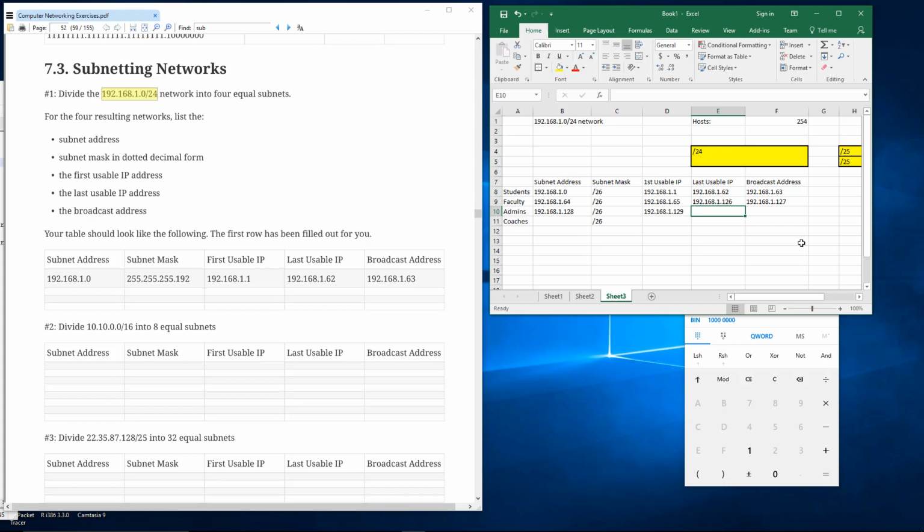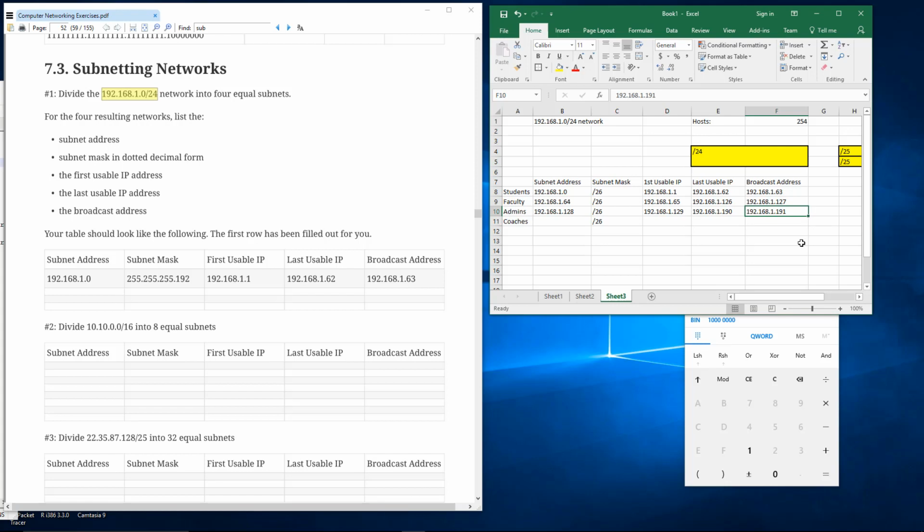What am I going to get? 192.168.1.190. Yeah, that looks right. The broadcast is 192.168.1.191. I can add by 1 pretty well.